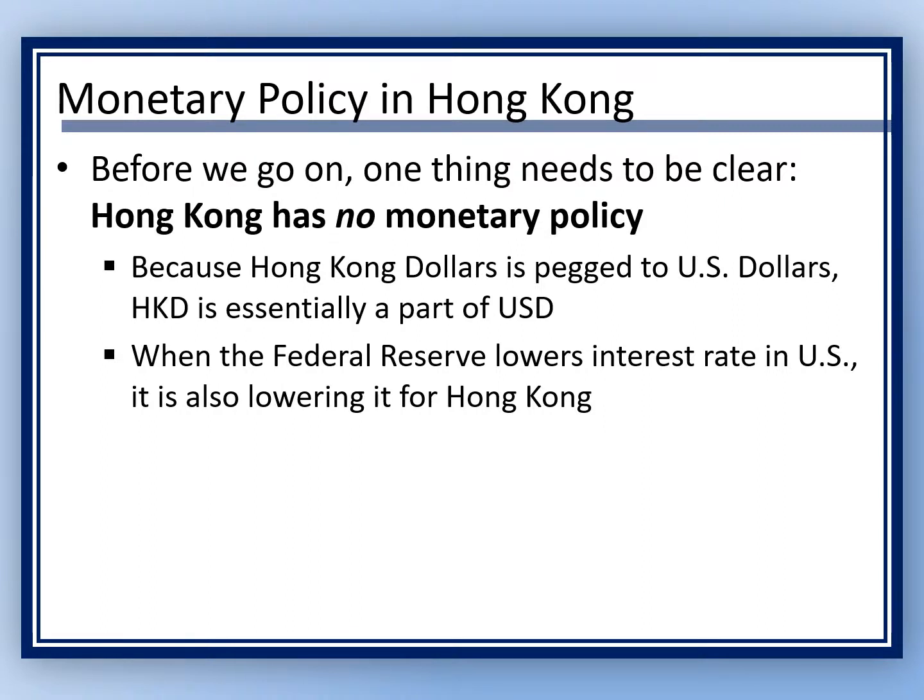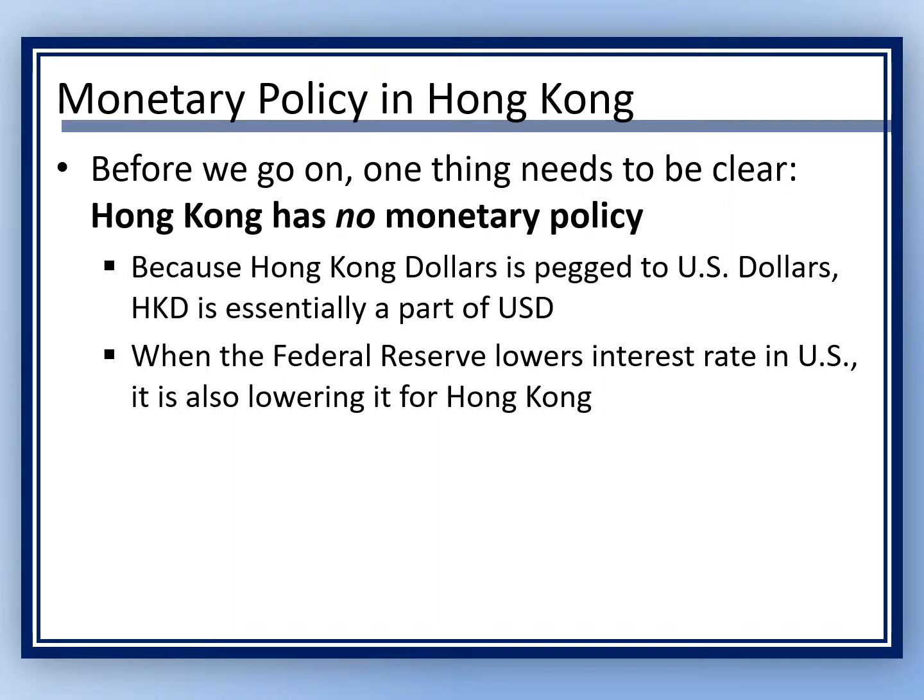Whenever you have two currencies that have a fixed exchange rate, then the smaller side in terms of the size of the economy would have very little leeway in controlling its monetary policy. Well, the reason is that when, let's say, the Federal Reserve lowers interest rates in the United States, then if Hong Kong does not follow, you'll be flooded by money coming from the United States.